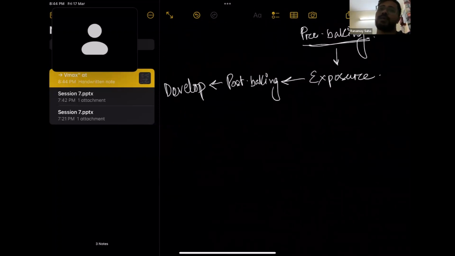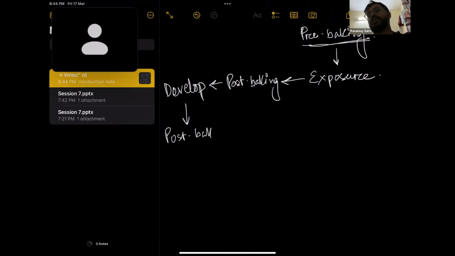After developing, we again do the post hard bake. For all these bakings, there are certain standardized temperature and time scales which you have to maintain as per your requirement.